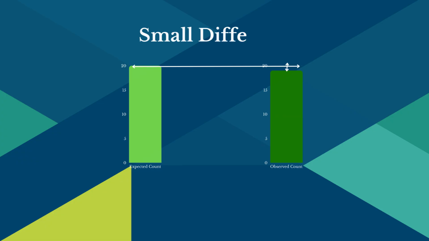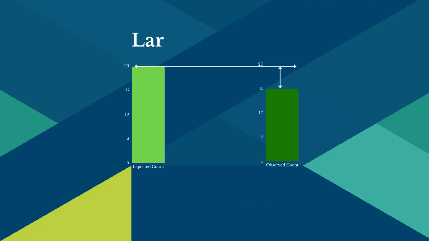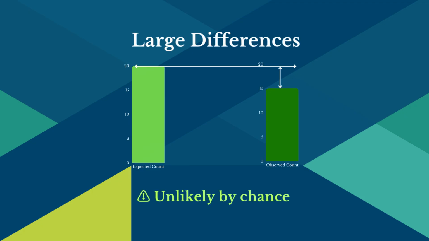The logic is simple. Small differences mean likely random, and large differences mean unlikely by chance. The chi-square statistic adds up how big each deviation is relative to how large the expected value was. The bigger the chi-square value, the stronger the evidence against independence.